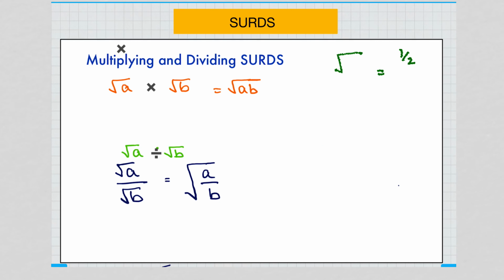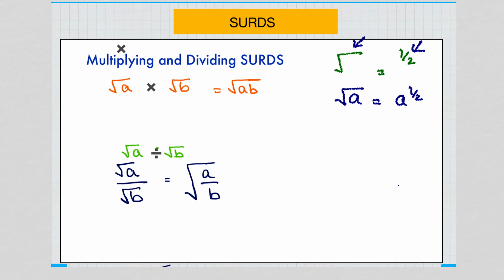Let me explain this power part in a little more detail. Let's say you have root a. We can write square root a as a to the power half. It's the same because the square root carries the power of a half.